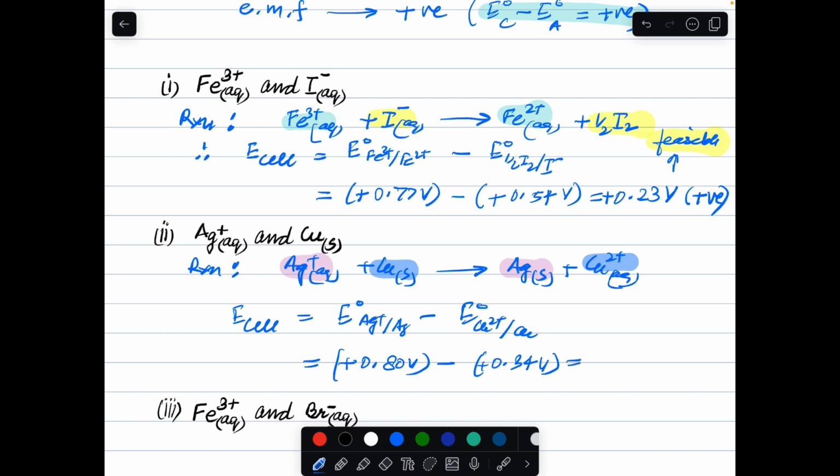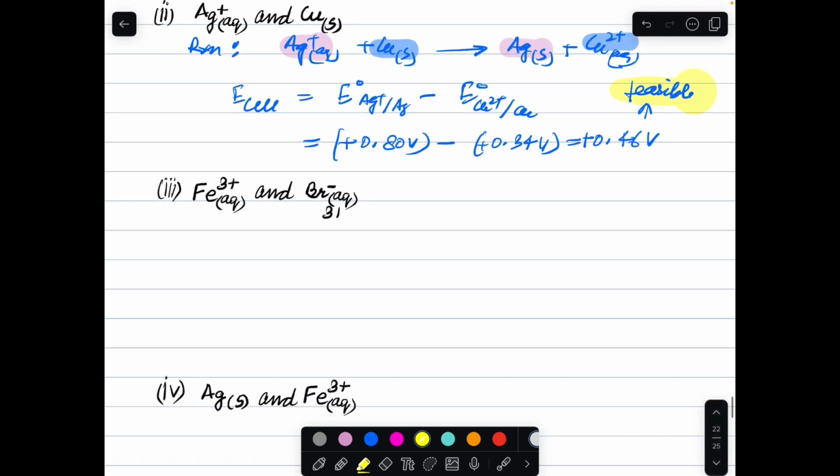Value will be 0.46 volt. This is a positive value. So again this reaction will be feasible because we are getting the positive value. Okay.